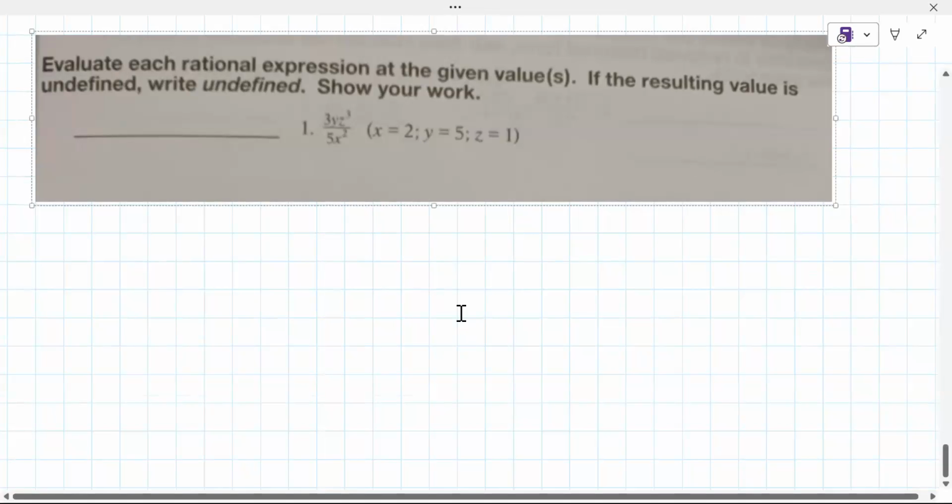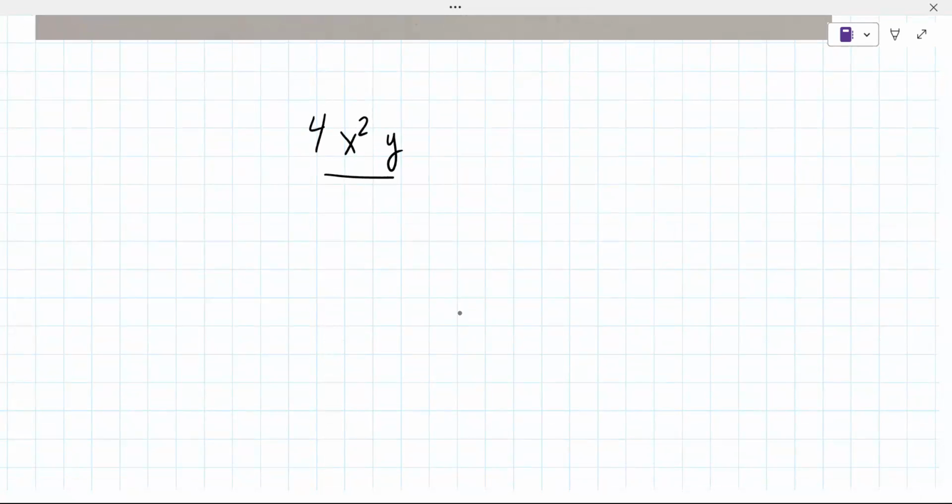Okay. All right. So let's say it's 4x² y/5z², and x equals 1, y equals -1, and z equals 2. So what this means is you're going to put these values in.